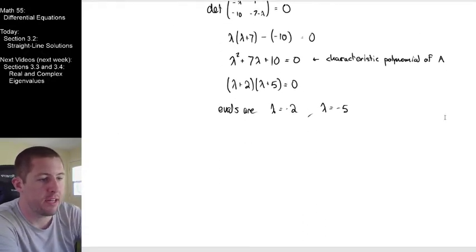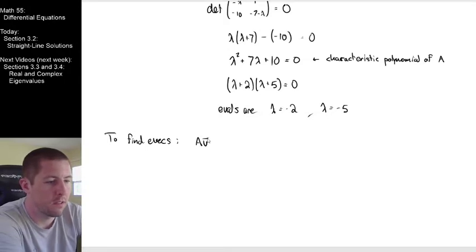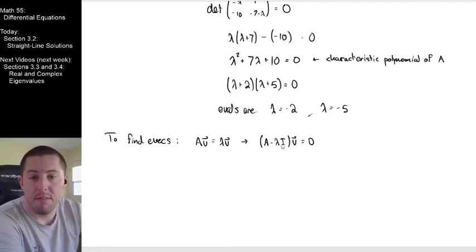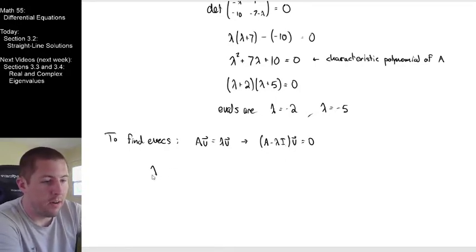So to find eigenvectors, I'm going to set up this statement right here for each of our lambdas that we're looking at here. So lambda equals -2 is going to tell me that I would like to do, and I have to remind myself of my A matrix.